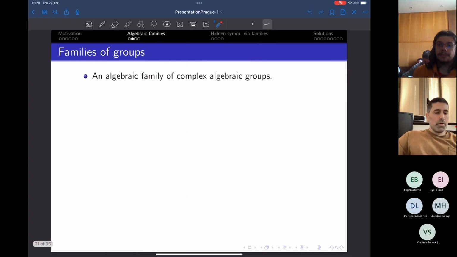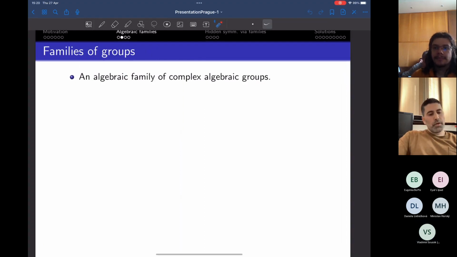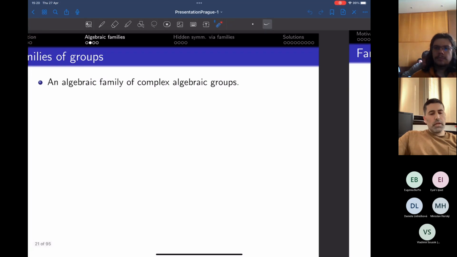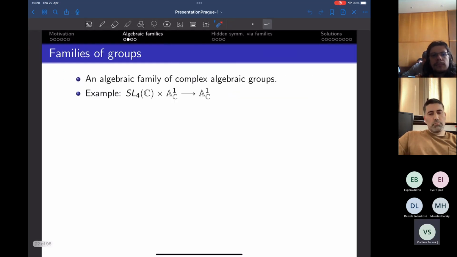What about groups? What about families of complex algebraic groups? Formally, a family of complex algebraic groups over a complex algebraic variety X is just a smooth group scheme over X. In our case, we'll use just a couple of examples throughout this talk.